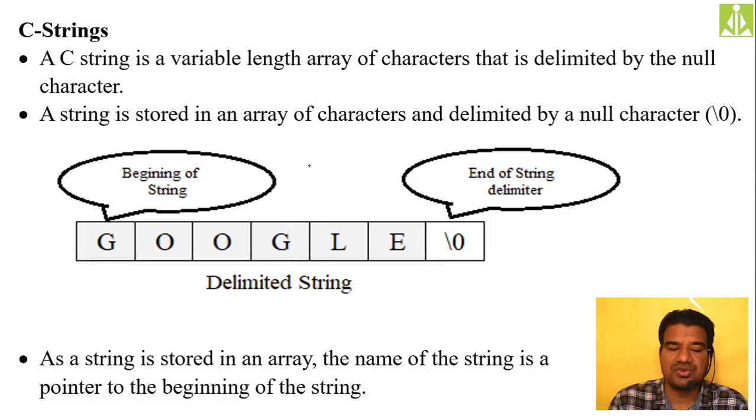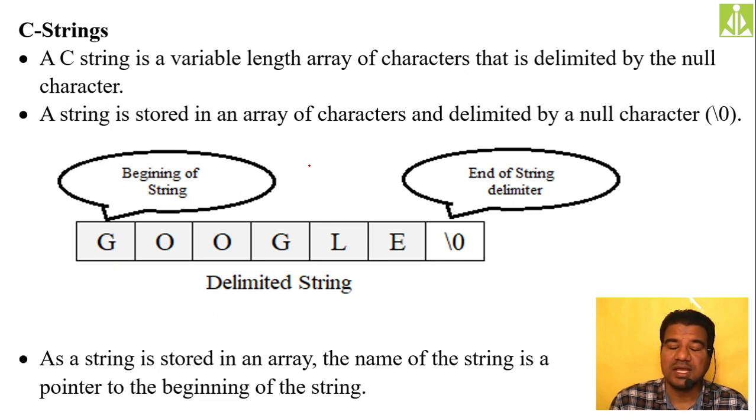So C strings, we said all C strings are delimited strings. We are going to have the last character as the null character, the delimiter. That's the reason why we said all C strings are delimited strings. A string is stored in an array. The name of the string is a pointer to the beginning of the string.